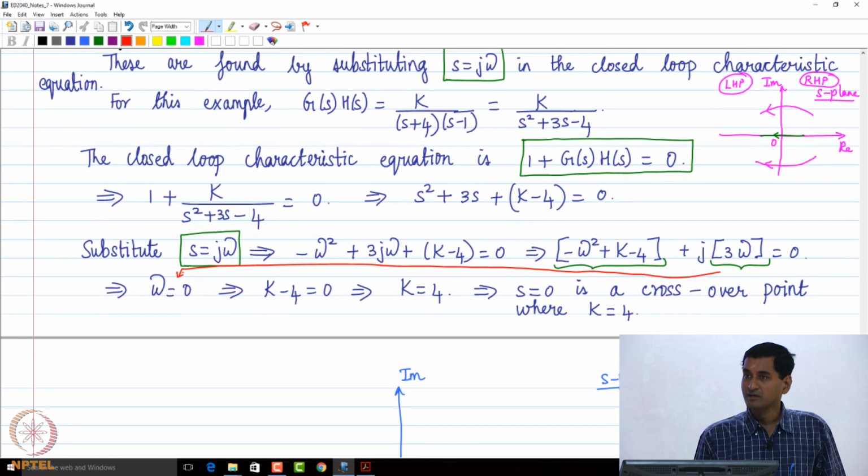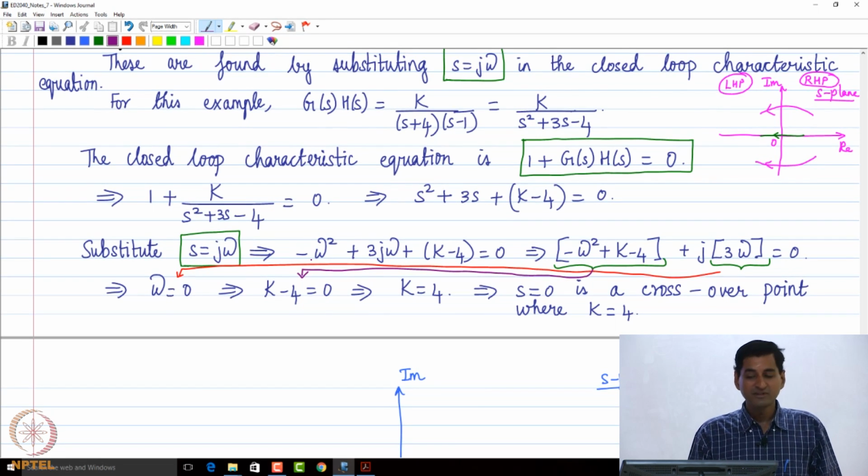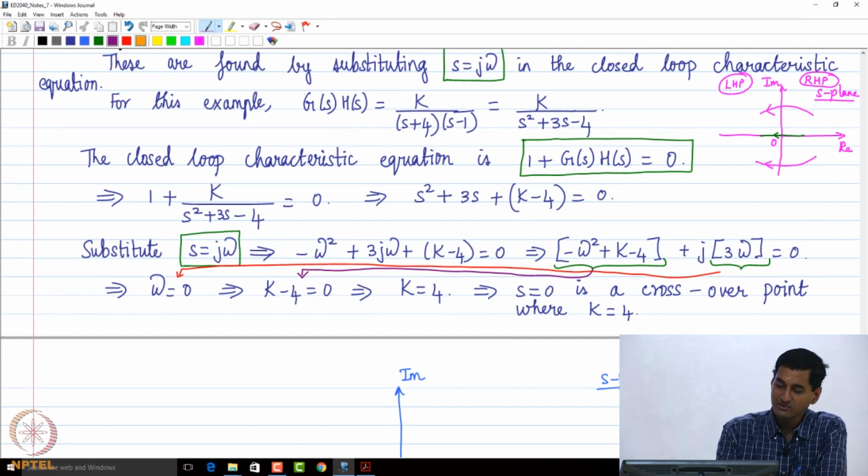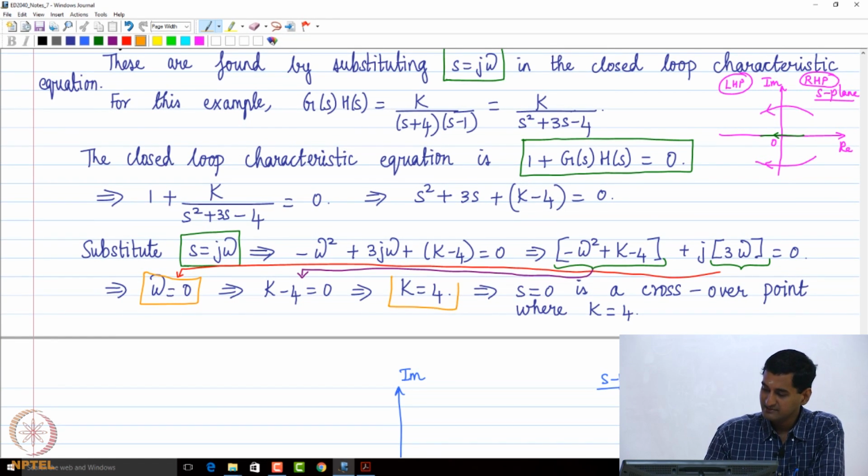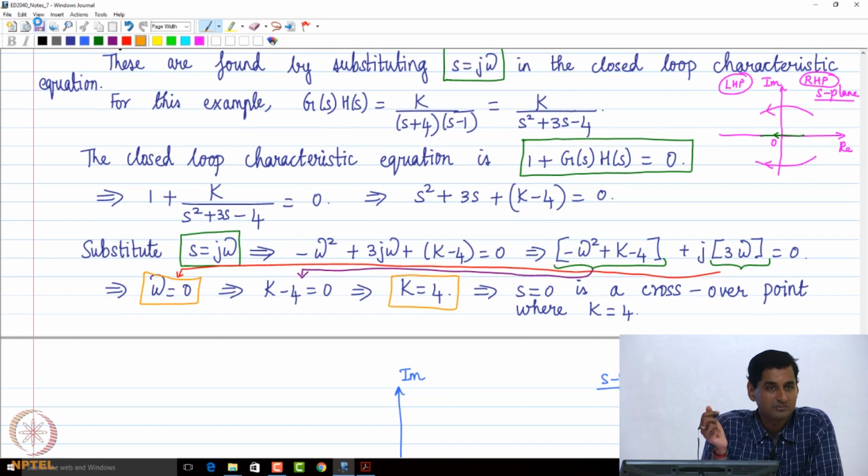A crossover point. But once again we need to check the value of k, whether it's positive or negative, right? So now we process the real part. If I substitute omega equals 0 in the real part, what happens? I get k minus 4 equals 0, or in other words, k is equal to 4. So omega equal to 0 and k equal to 4 is a potential solution of the closed loop characteristic equation when we are searching for a crossover point, right?